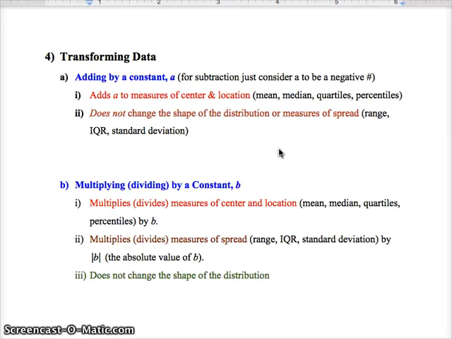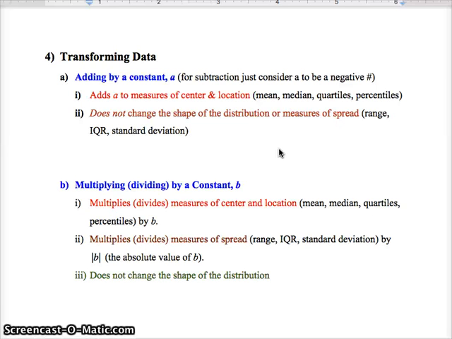Multiplying, on the other hand, when you think about multiplying, if I multiplied a whole distribution by 3, and let's say the maximum of my data set was 7, and the minimum was 2, I had a range of 5. 7 minus 2 is 5. If I multiply everything by 3, now my biggest number is 3 times 7, 21, and my smallest is 3 times 2, 6. 21 minus 6 is 15.